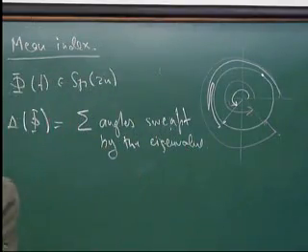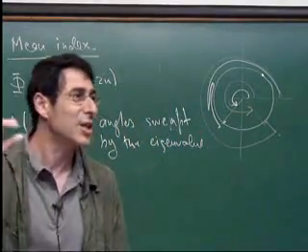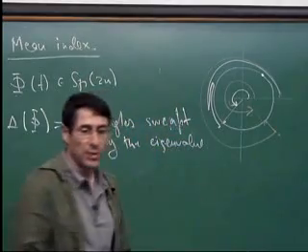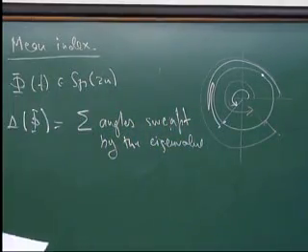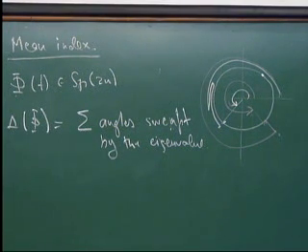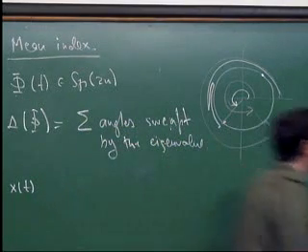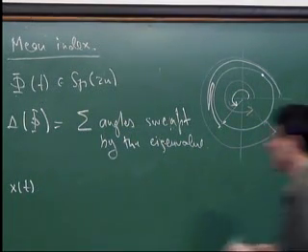I don't know who introduced the mean index as this sort of rotation number. I know it from the paper of Salamon and Zehnder, and this is the definition from that paper.